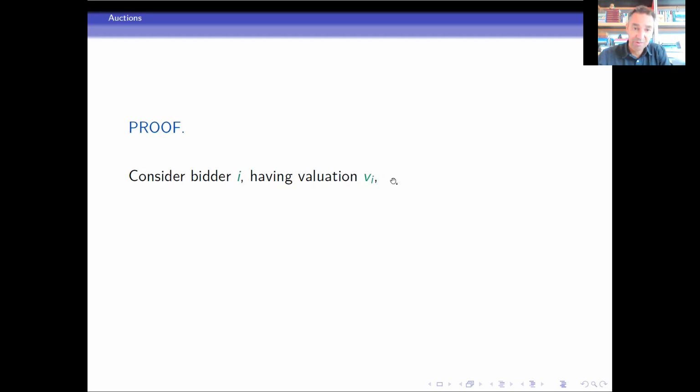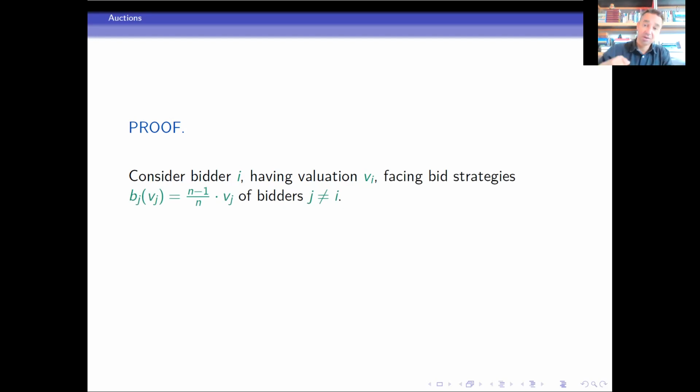So you know that you have valuation VI, and you also know that the others are going to bid according to this strategy profile. So that is the Nash equilibrium part of it. You fix the strategies of the other ones, and then you're going to check whether you bidding like that as well is indeed a best response. That's what we're going to do.